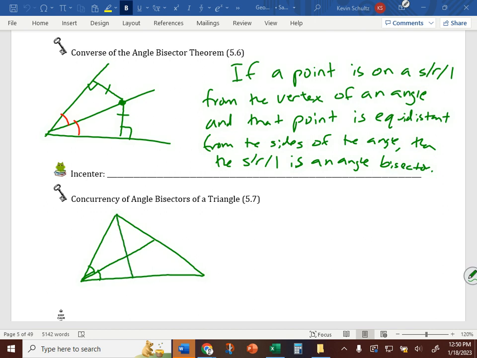You can do a right triangle if you want to. Draw in your 3 angle bisectors.